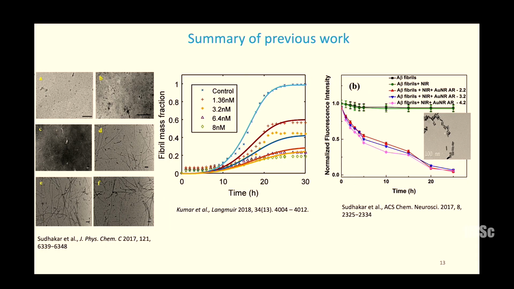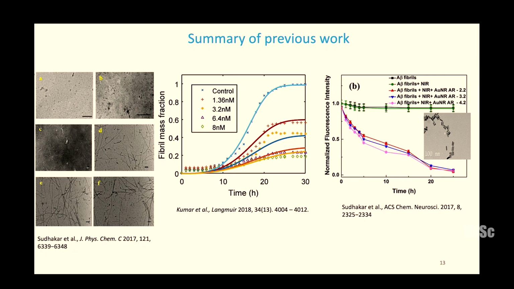Now, if you want to prevent this aggregation, what you could do is treat them with some nanoparticles, chosen with respect to the size and charge and so on. And depending upon how much nanoparticle you put, you can actually arrest or prevent the formation of aggregates. Okay, so we know some mechanism by which we can interfere with the course of kinetics.